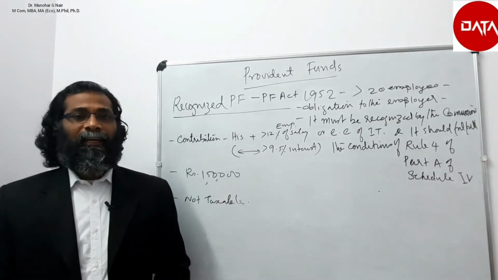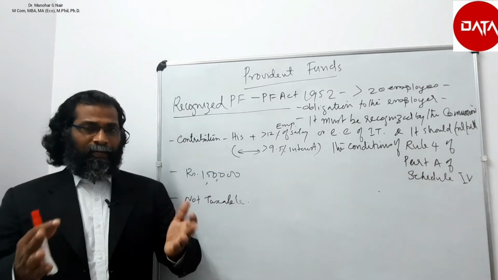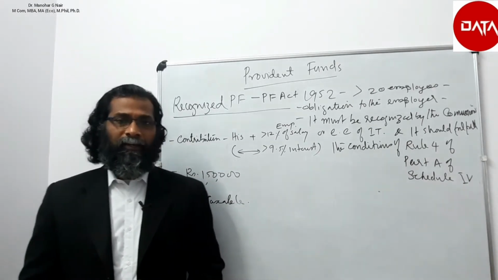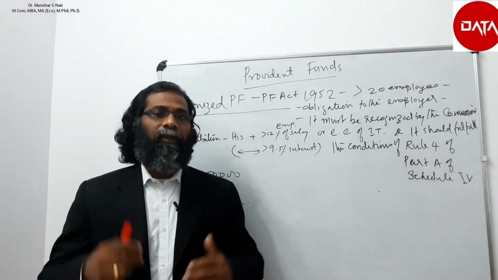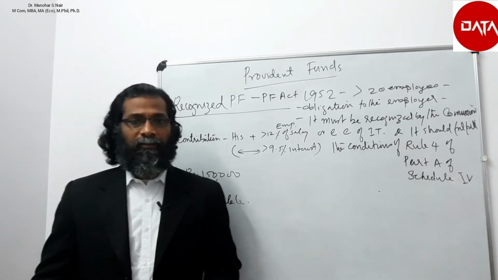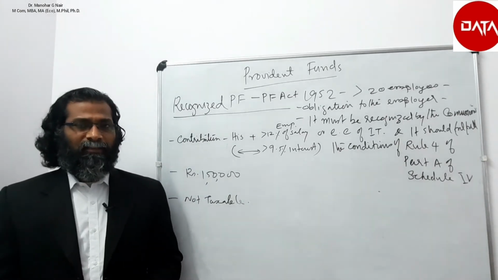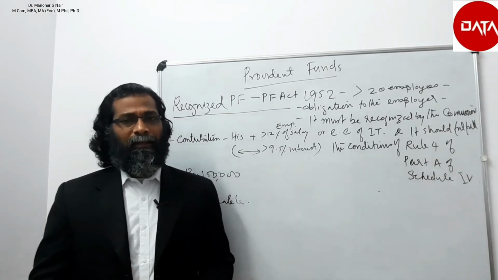If not, it is taxable. But there are certain exemptions. If the discontinuance of service within 5 years is for a reason beyond the control of the employee, then the 5 years need not be considered. Under that circumstance, even if the service is less than 5 years, it need not be taxed.